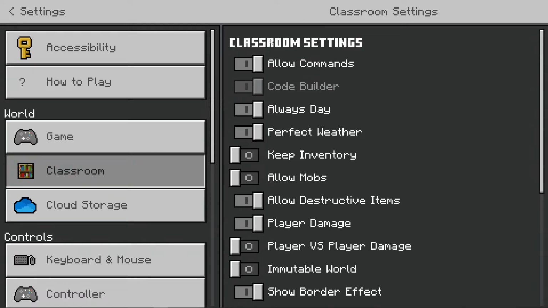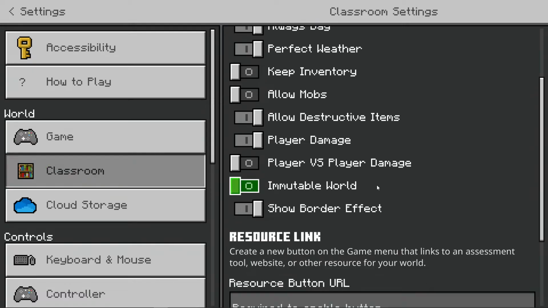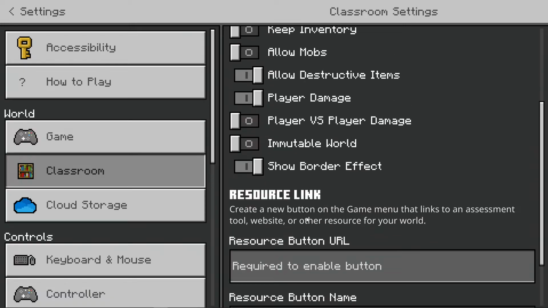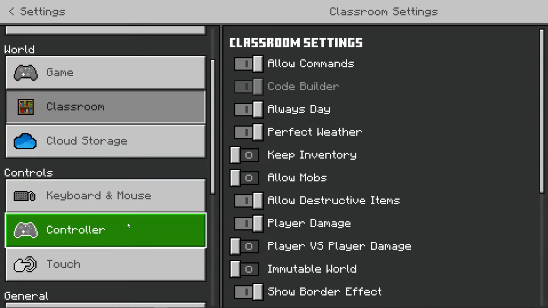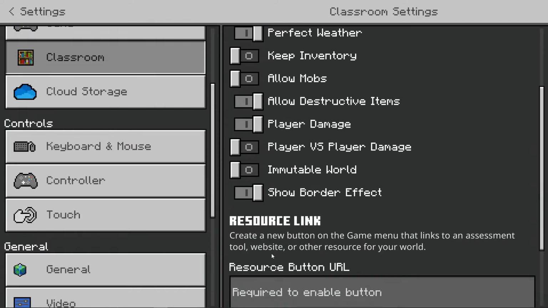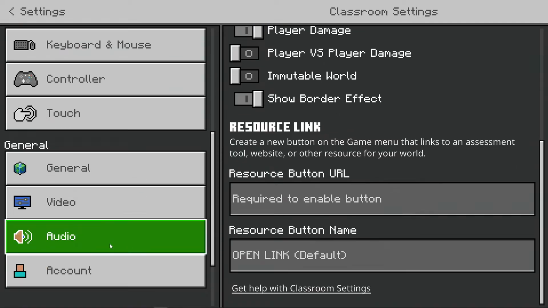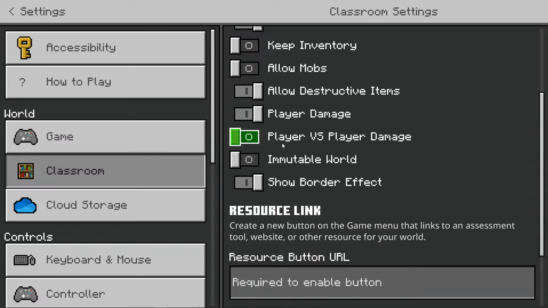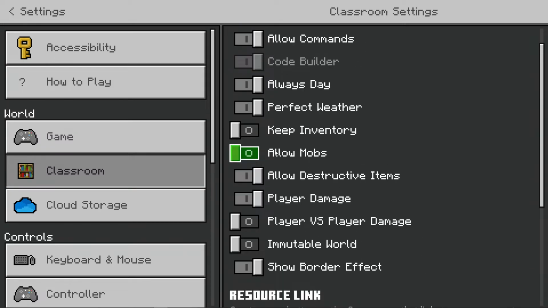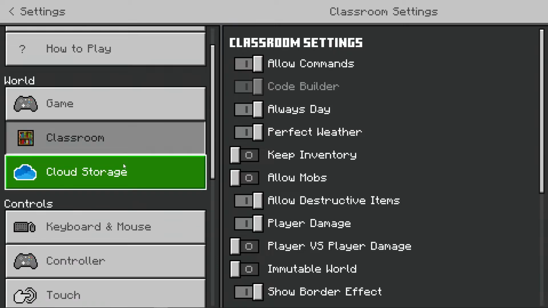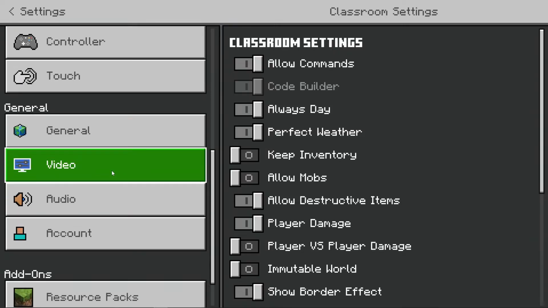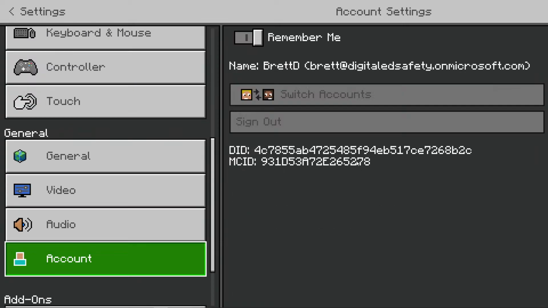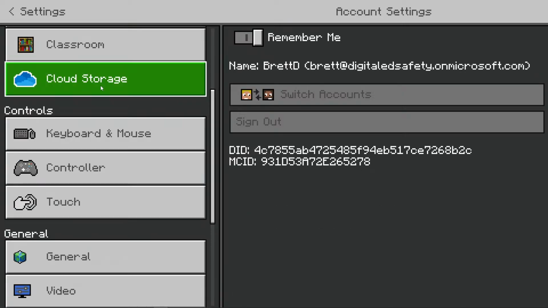So these are the Minecraft Education classroom settings, specific to this version. Yeah, I don't see anything in there about teacher mode.